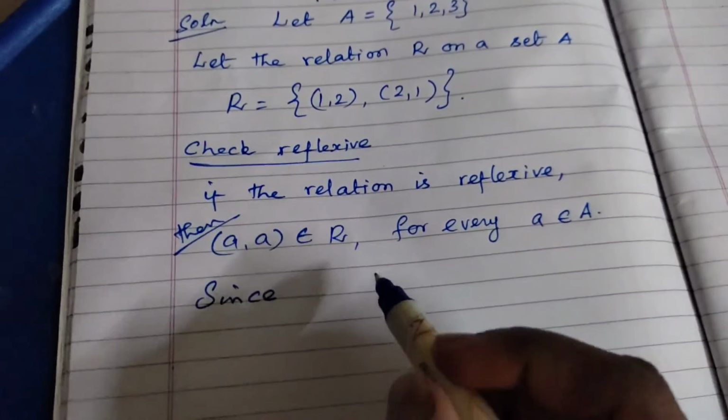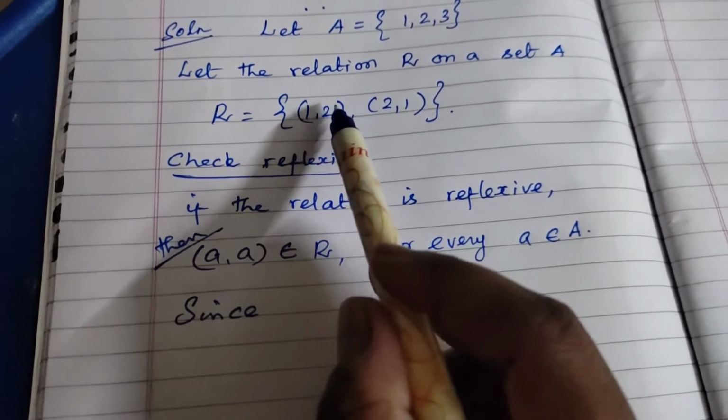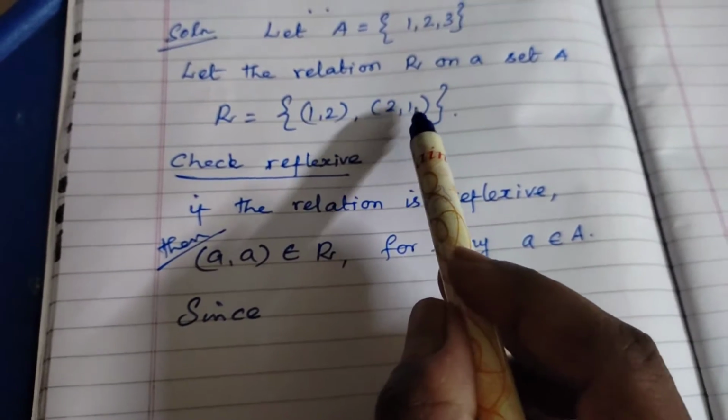But here we have the set R with two pairs only. First pair (1, 2), another pair (2, 1).